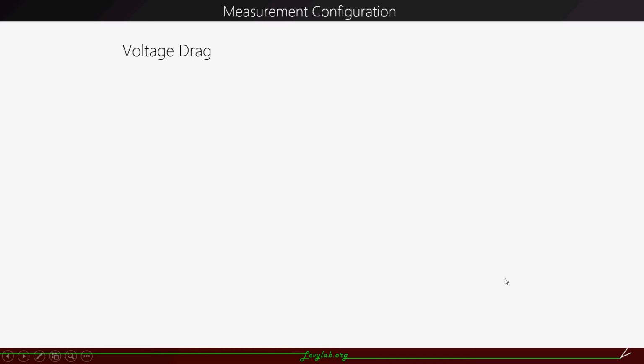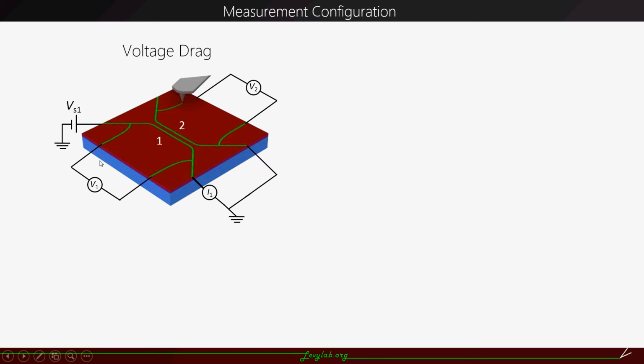Two measurements were performed in the Coulomb drag experiment. On the left is the configuration of voltage drag measurement, sourcing current I1 in wire 1 with a DC voltage Vs1.